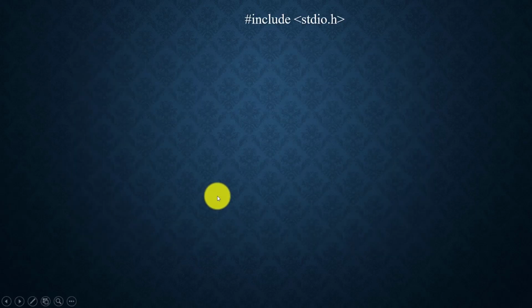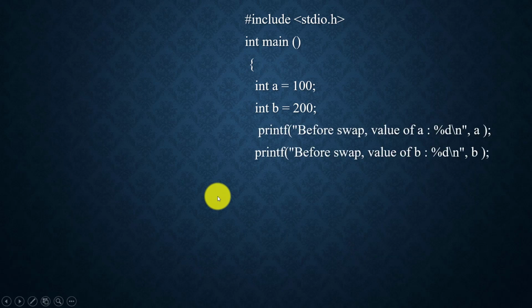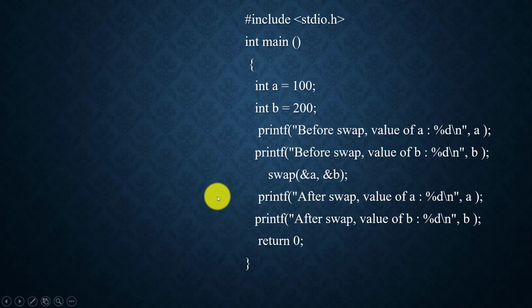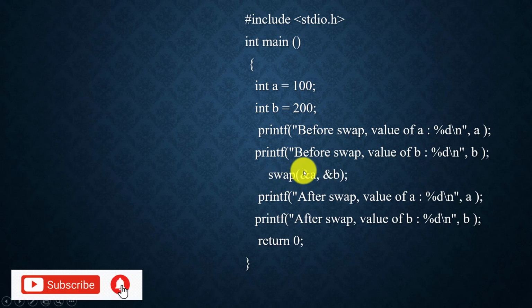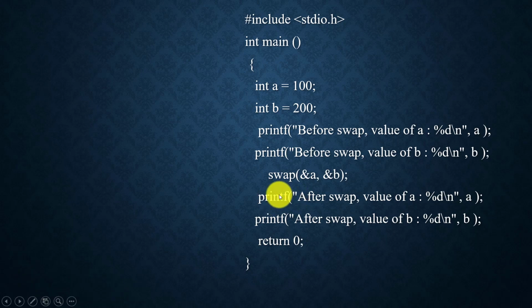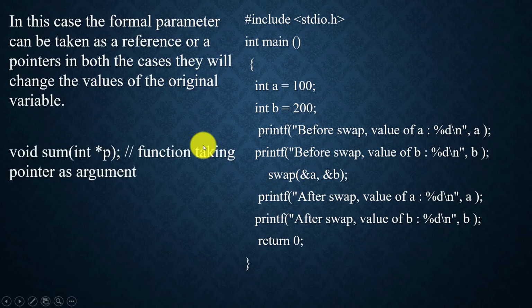Now let's understand this with one example. Here the value of A is 100 and B is 200. While using the function swap, I am passing the address of A and the address of B. To pass an argument, we take the address of A and B and pass them as parameters. So the formal parameter can be taken as a reference or pointer.